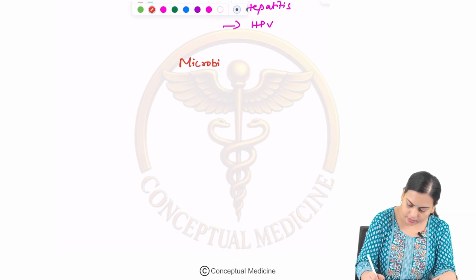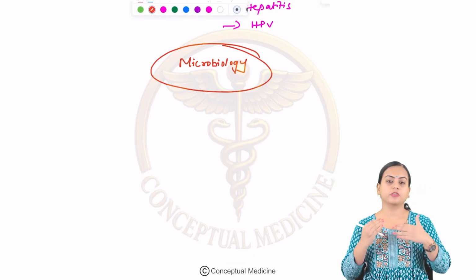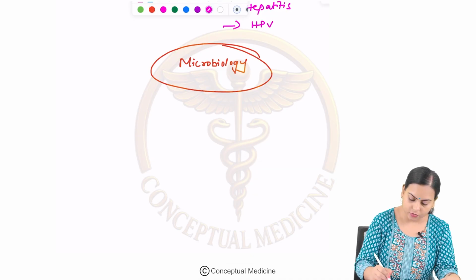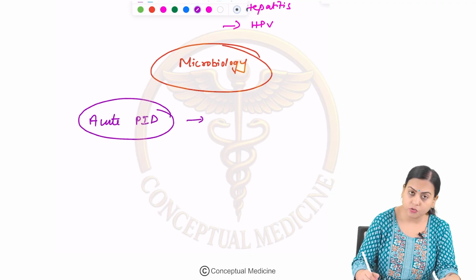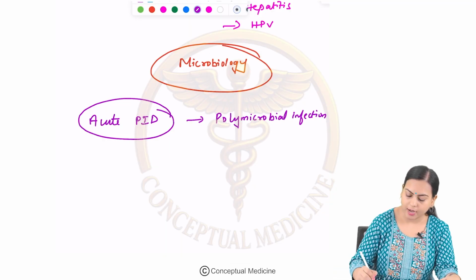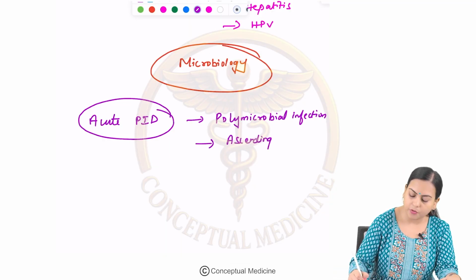Now, we have to discuss the microbiology in pelvic inflammatory disease. As I already told you, it is due to infection. Acute pelvic inflammatory disease is usually a polymicrobial infection, and there is ascending spread of organisms.